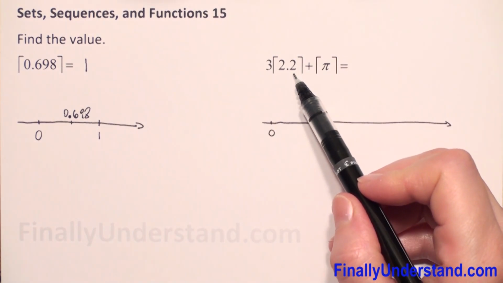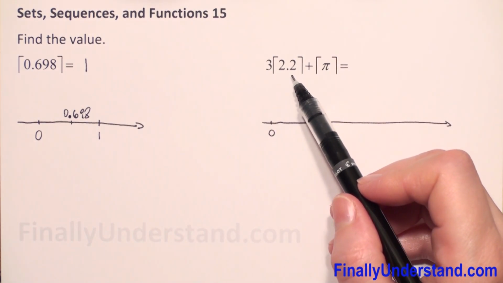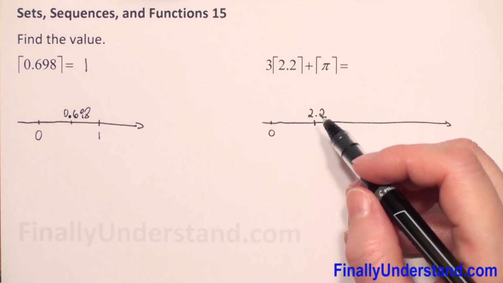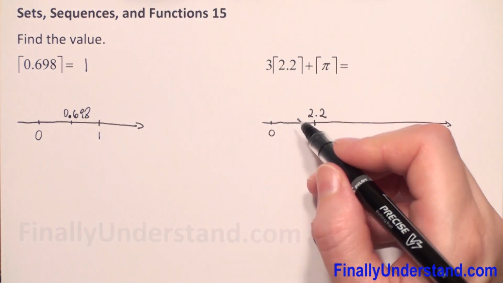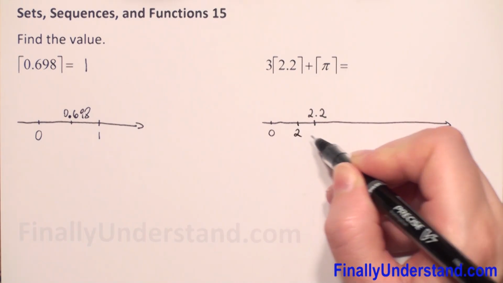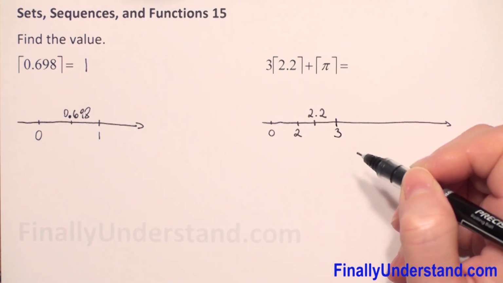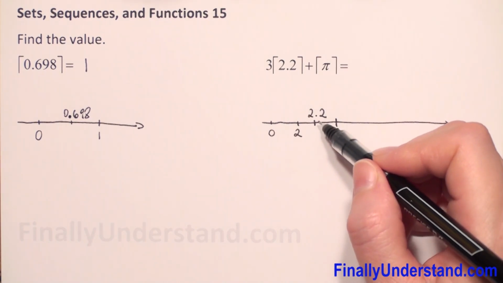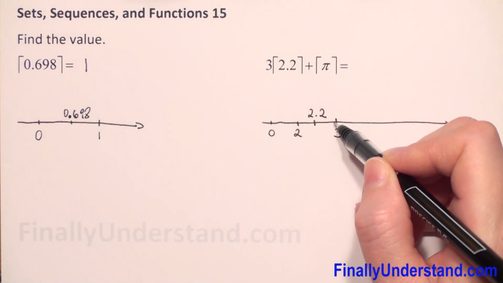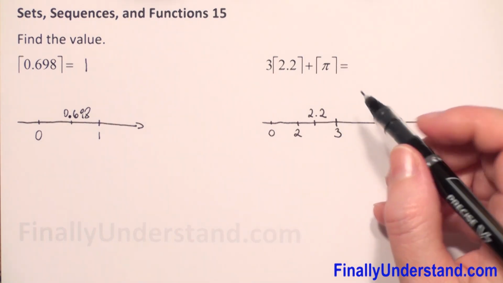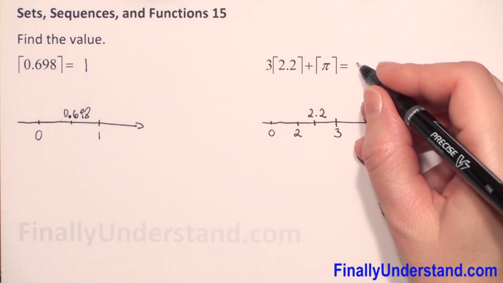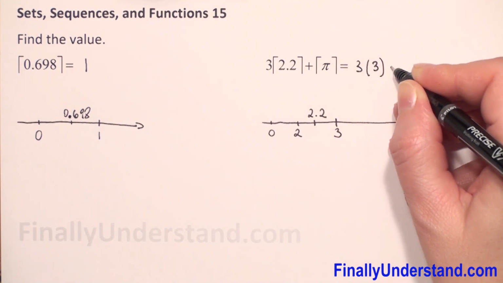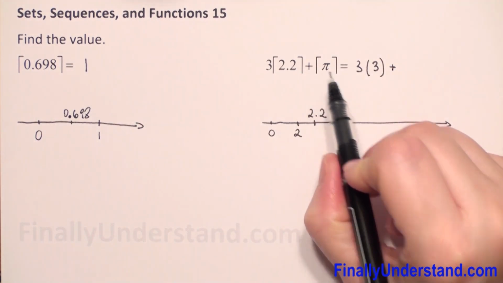Because 2.2 is not an integer, it is between 2 and 3. So the smallest integer for this number will be 3. So we have to copy this 3. We have times 3, we can put it in parentheses, and we have plus ceiling of pi.